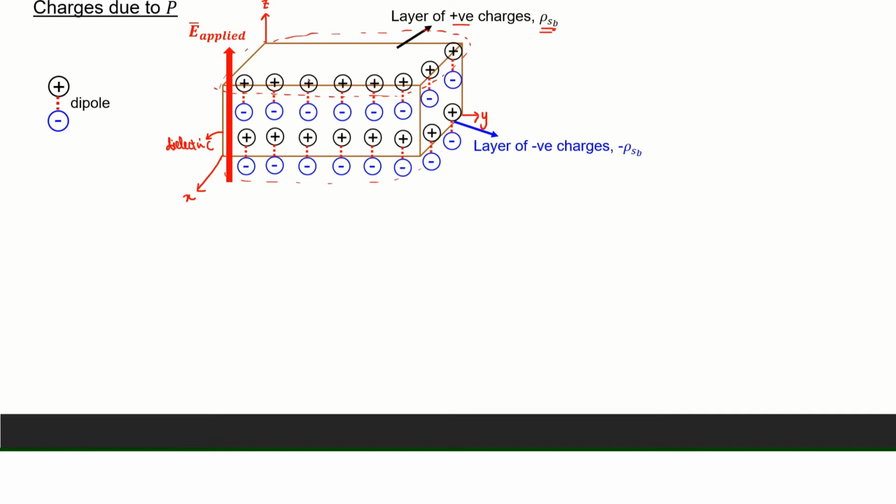Since the direction of E is upward, the polarization vector will also be upward. Therefore, the bound surface charge rho SB equals the polarization dot product with the direction of the surface normal, depending on where the electric field is applied.